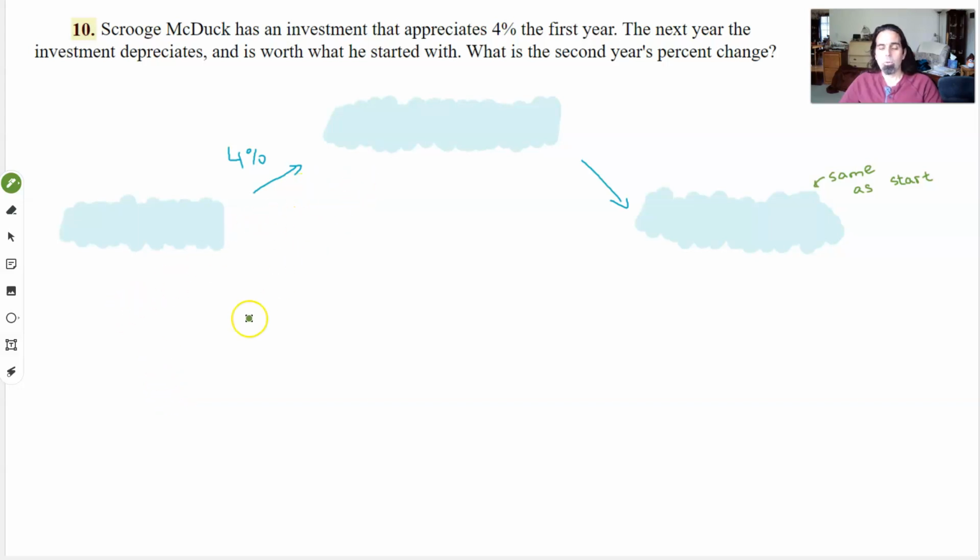What numbers do we put in? And it doesn't matter. We can put any number we want in. So let's pick something really easy, like 100. And that means that this number, the same as the start, has to also be 100.